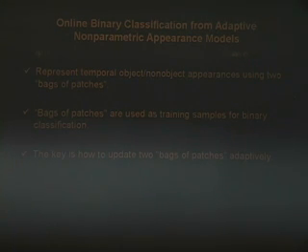We then just use these bags of patches as the standard training set for binary classification. We determine which is foreground or background, object or non-object. But we do not have a hard decision. All my decisions are continuous.